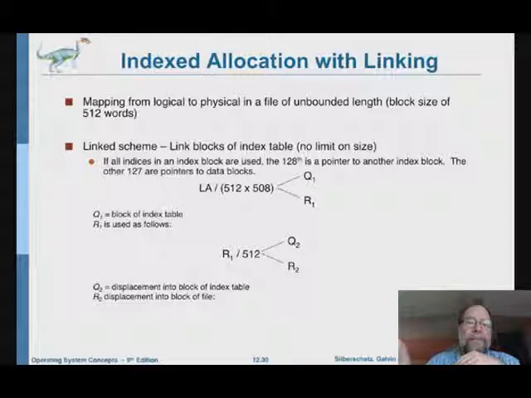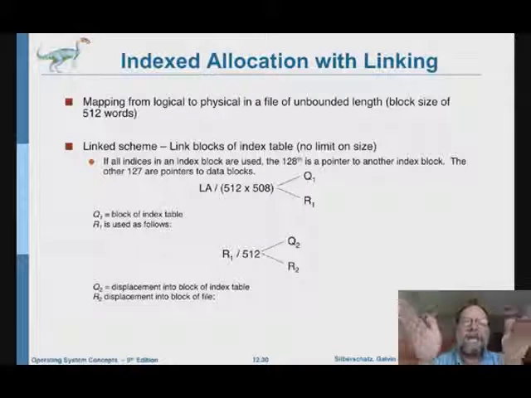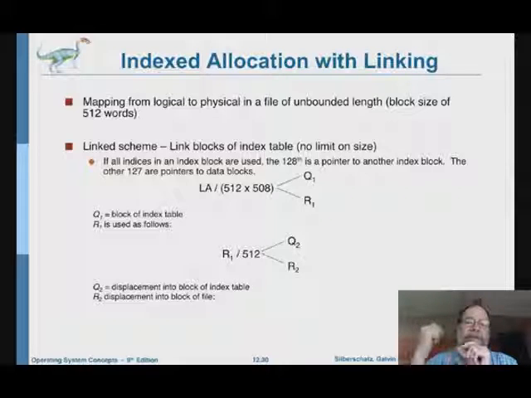So the simplest thing we could do is have a linked list of your index blocks. If we had 128 pointers in each index block, and the block was completely full, then the last pointer would be a reference to another index block.